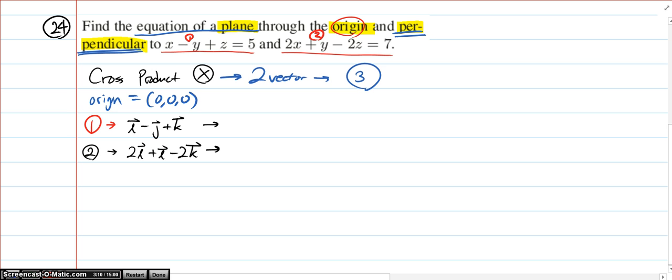Now we got the normal vector from each, so we can also get a vector by using the dot product. A vector that gives 0 when doing the dot product with a normal vector means that this vector is parallel to the plane. So by using the dot product, we have to be able to get 0.